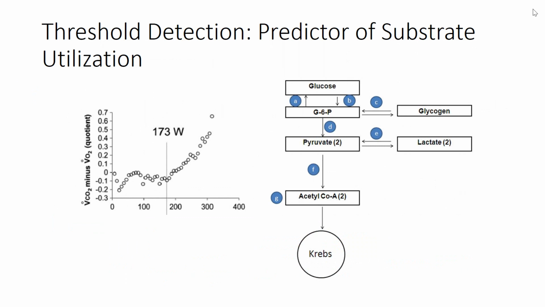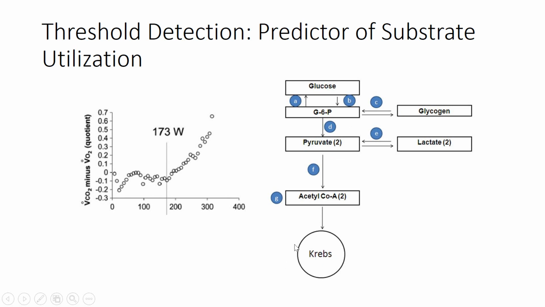Remember, recollect from the last module that as we're exercising and we surpass the lactate threshold, oxygen uptake is still occurring. So we're going to have continual use of glucose and glycogen in the Krebs cycle.